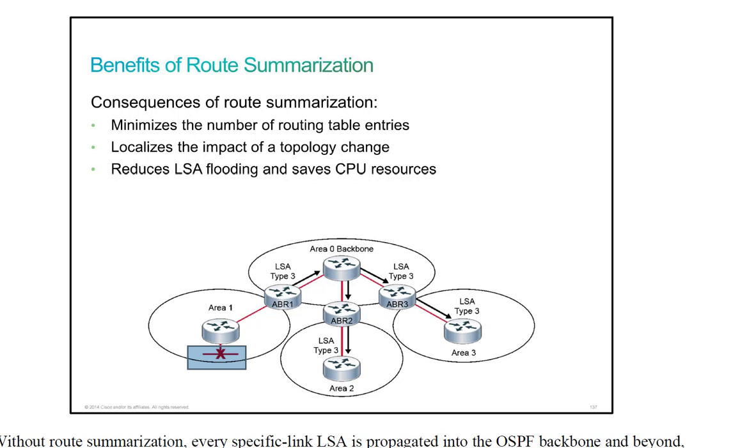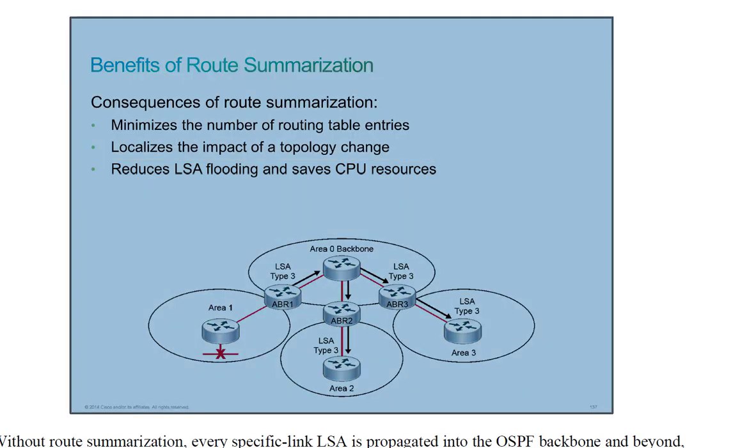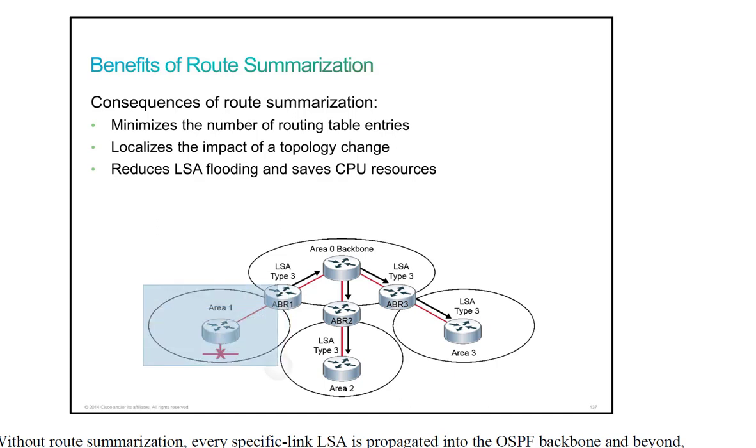Okay? I mean, you guys understand the benefit of summarization. We're trying to reduce the amount of LSAs that get flooded throughout the network. We're trying to save CPU cycles and CPU resources on the rest of the network. Remember, we say that LSAs only get flooded within an area. If you're not doing manual summarization, that's not true.